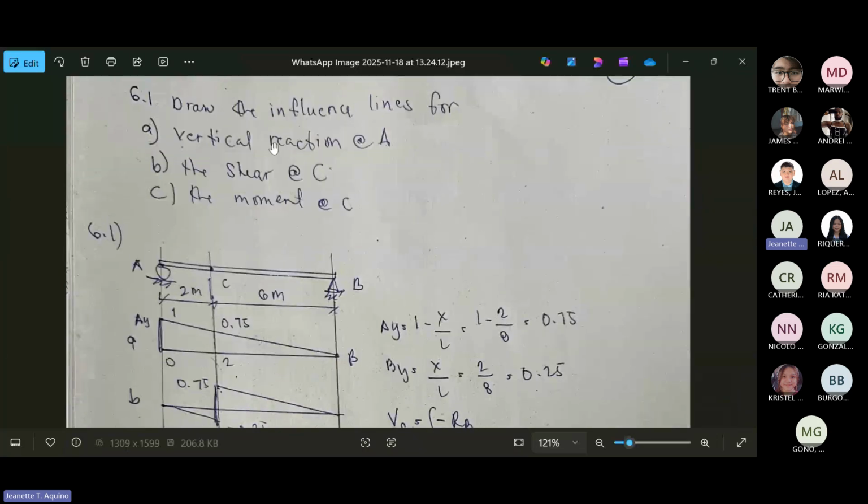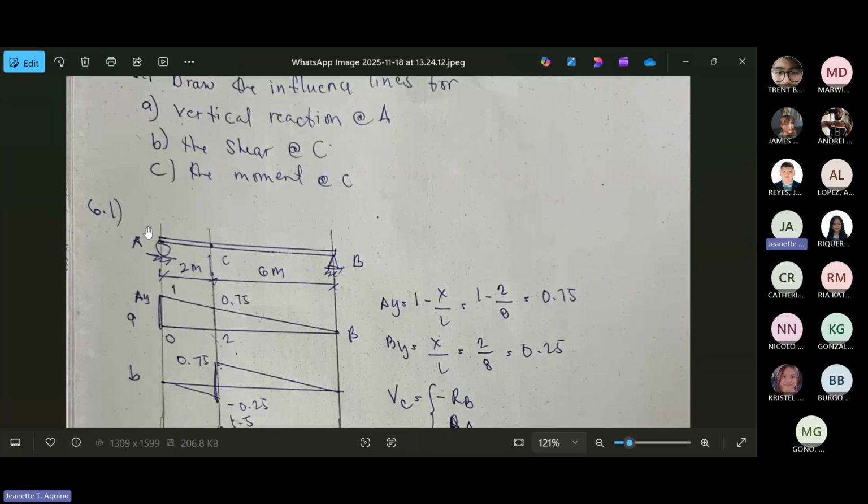Draw the influence lines for the vertical reaction at A, the shear at C, and the moment at C. So this is only A. We have a pin at A, a hinge at B, and then point C is here, 2 meters from A.